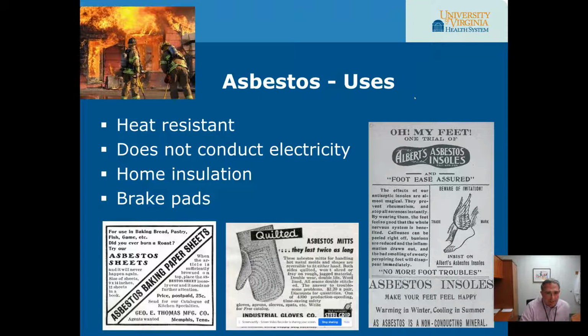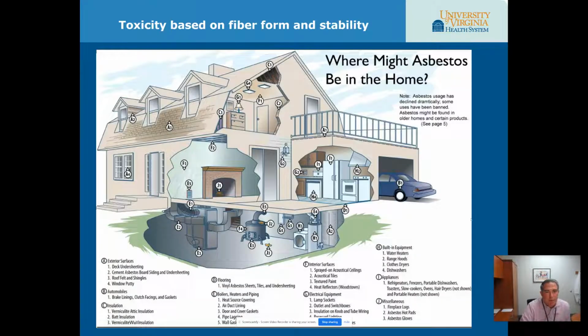So why use asbestos? Well, it's very heat resistant, doesn't conduct electricity, so it's used a lot in home insulation, brake pads, ship insulation, those types of things. So there's a very high likelihood that you're going to have asbestos in your home. If your home was built after the 1980s, it will be the serpentine type.